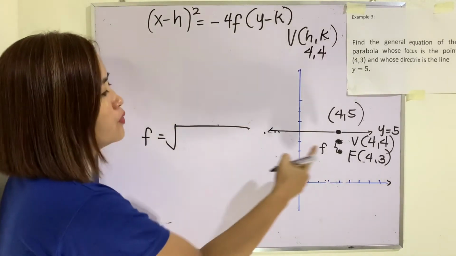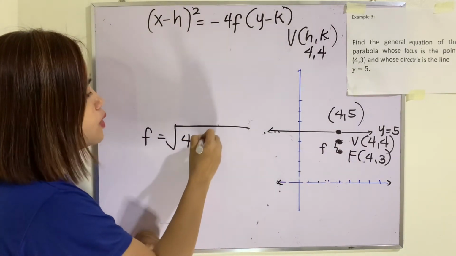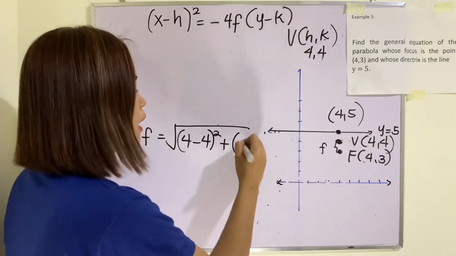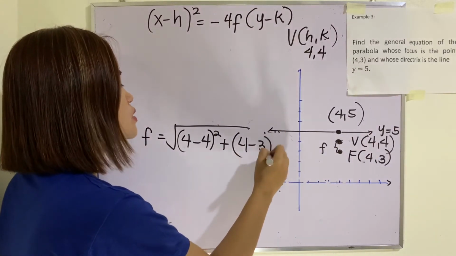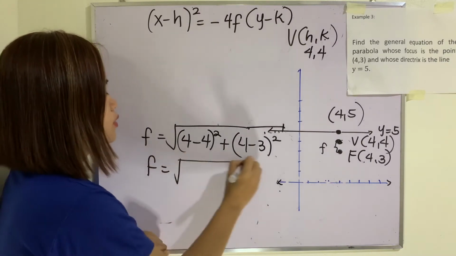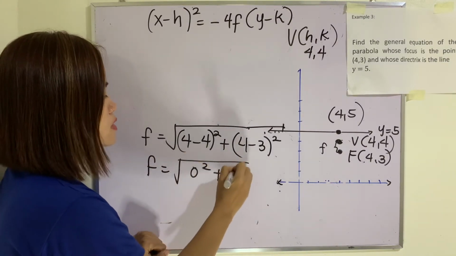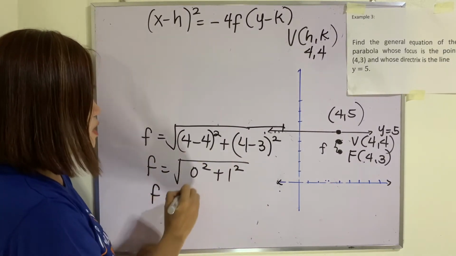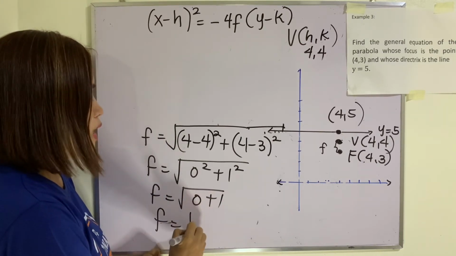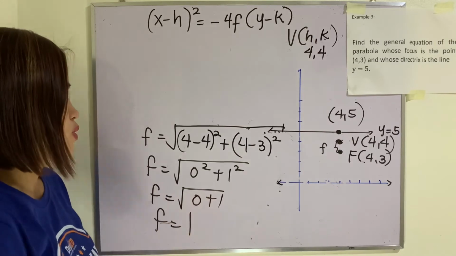Square root of (4 minus 4) squared plus (4 minus 3) squared. F now is equal to square root of 0 squared plus 1 squared. F is equal to square root of 1, which is, of course, 1.